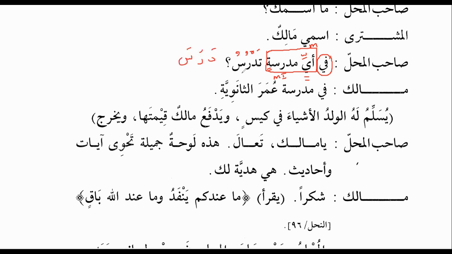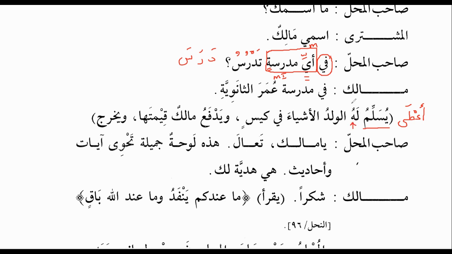And this comes from darasa. So you should know the triliteral words from which they come, in the present tense. Yusallimu lahu al-waladu. Now, in this lesson, you will also learn about this verb. It has three meanings. Yusallimu, another synonym I can give is a'ta, to give. A'ta lahu al-waladu.